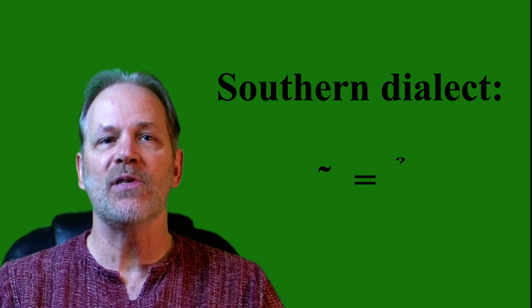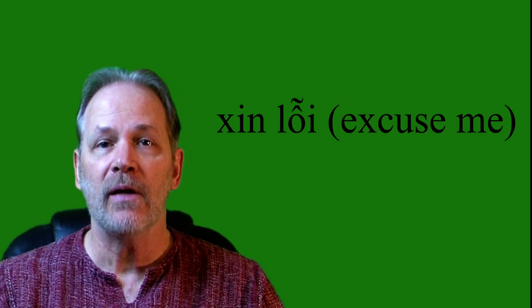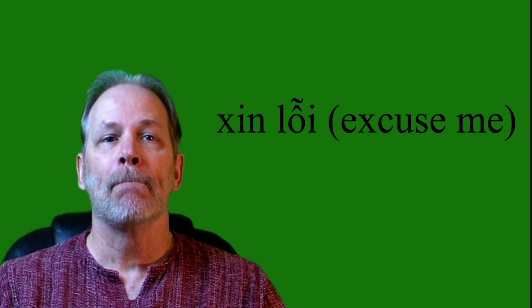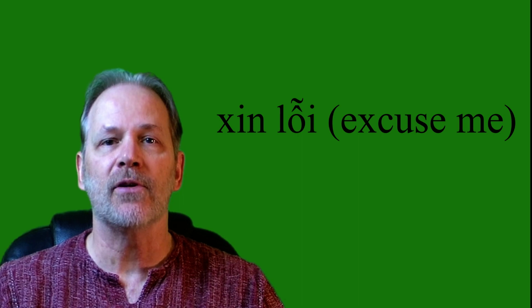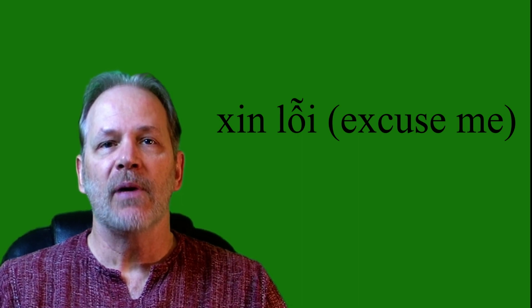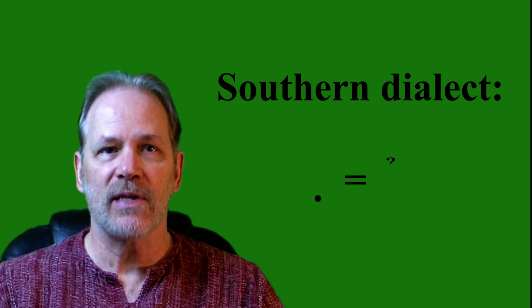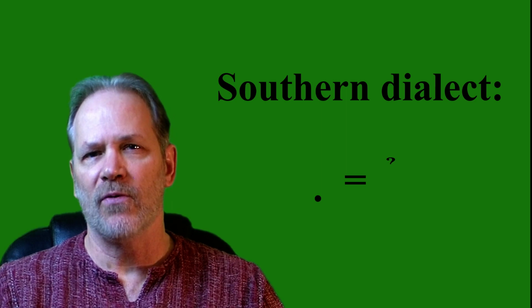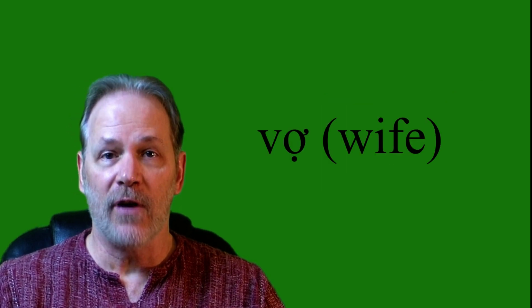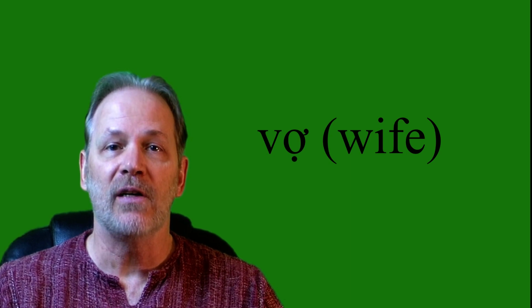So, for example, if you say excuse me in Vietnamese, in the North, it's pronounced xin lỗi, and in the South, it's xin lỗi, a little softer. Also, in some areas of South Vietnam, the dot tone, the zao nang, can also sound like a zao hỏi. It's soft. Example, the word for wife in the North, vợ. In the South, it sounds a little softer, vợ.